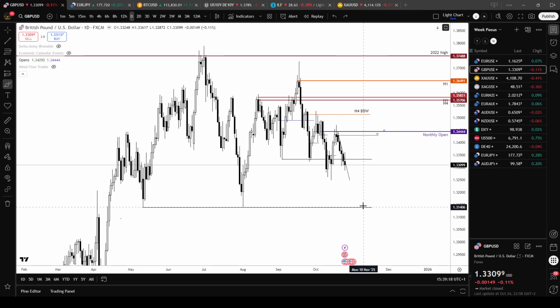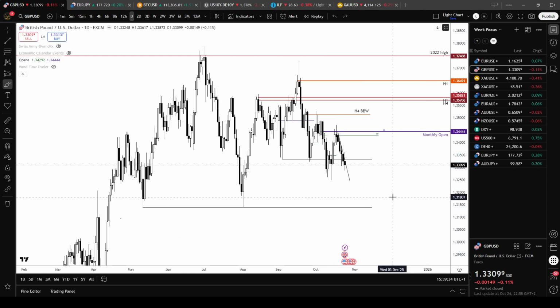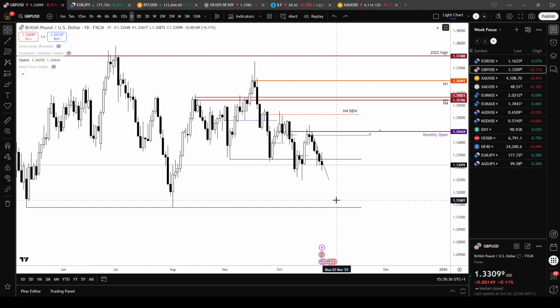Whether they make money or not is none of my concern, but price is definitely going to come here because the market has interest in this area. And it can do this, it can do this, I don't care. So I think GBP goes lower. It really lines up well with the dollar analysis and the euro analysis, and it's shaping up very nicely. Let's see how it all plays out.